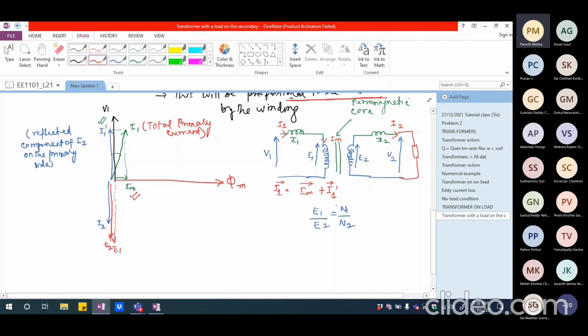So this essentially tells us that the leakage flux is a wastage, because whatever voltage you are applying, some drop takes place, and after the drop, whatever is left over, only that goes to establish the mutual flux.